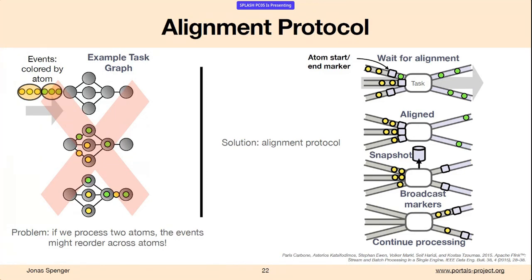And then you start buffering on this edge, and you do this until all of the edges have received the markers, at which point you can continue again. And in essence, this is also part of how we can do the exactly once processing mechanism.